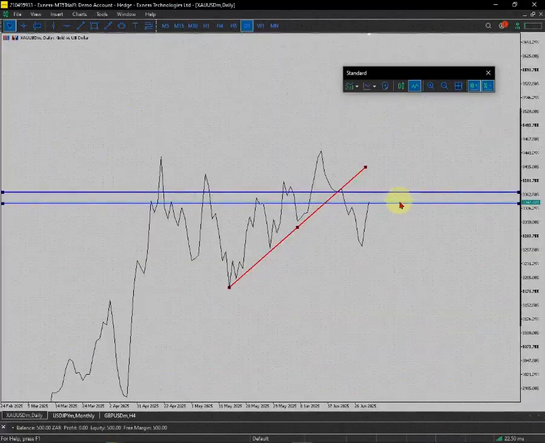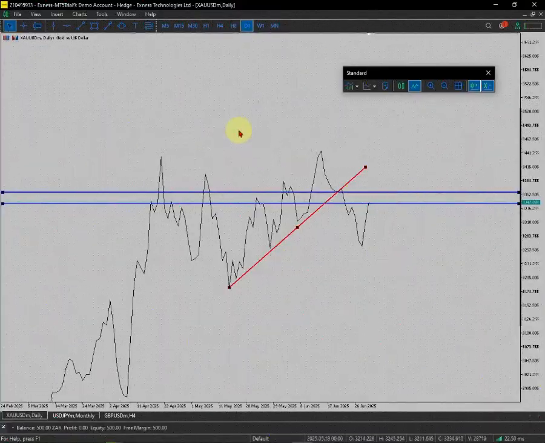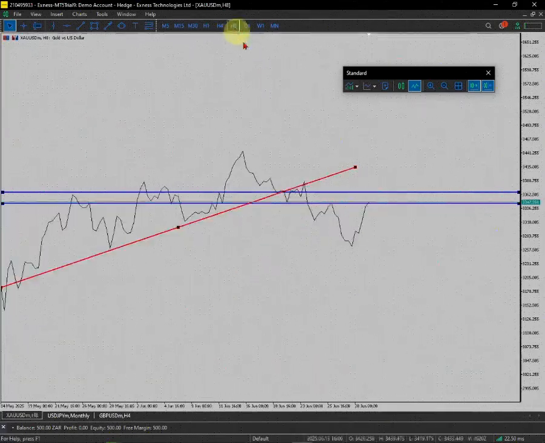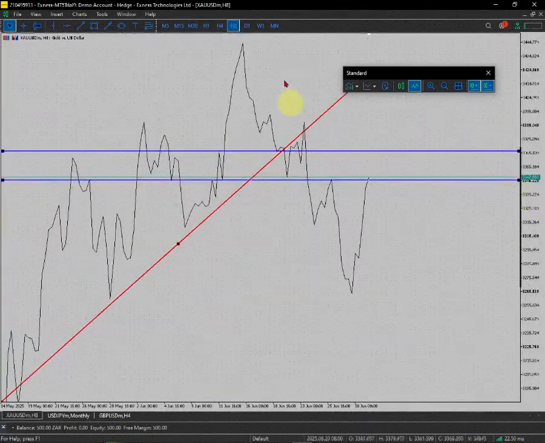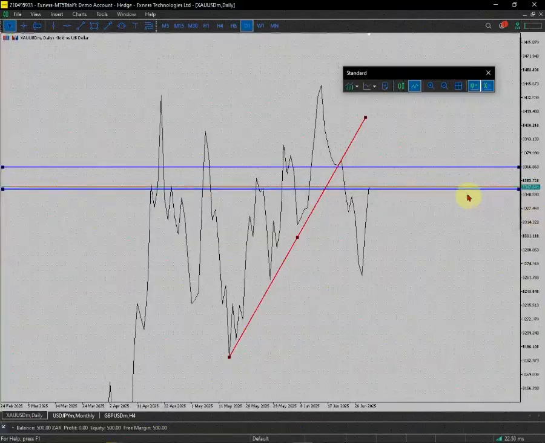What I'm looking for is a setup at a level where there's a high probability of one thing happening. In gold, that is one of the places.